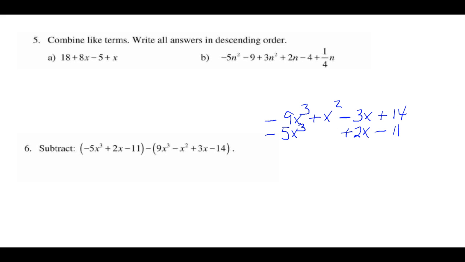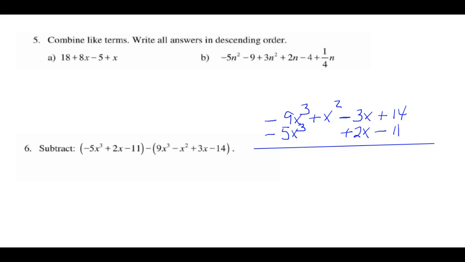Now what I've done here, I've changed all of these signs when there's a negative in front of a parenthesis. And here I've just removed the parenthesis. Don't have to change any signs because there was a plus. But I've put them in like term columns.